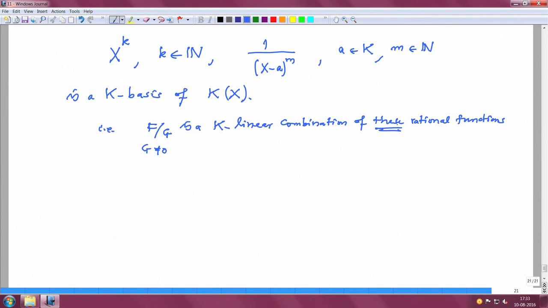These mean powers of x and this simple rational function, 1 over (x minus a) power m, where a is varying and m is varying.